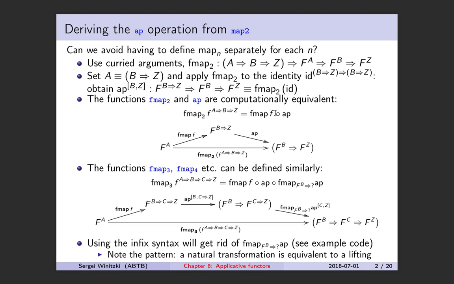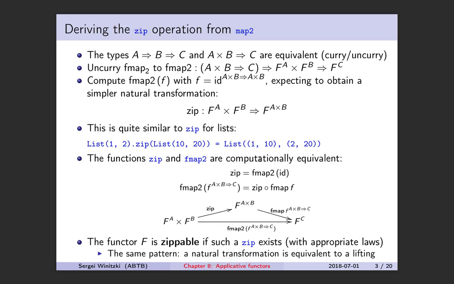In other words, if you take app, define Fmap2 from it, and you take that Fmap2 and define a new app from it, then you have to show that that new app is the same as the app you started from.